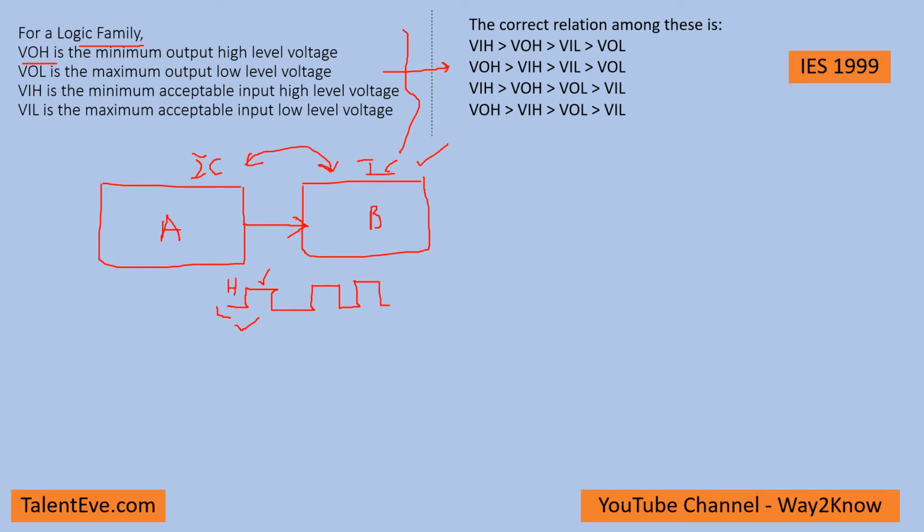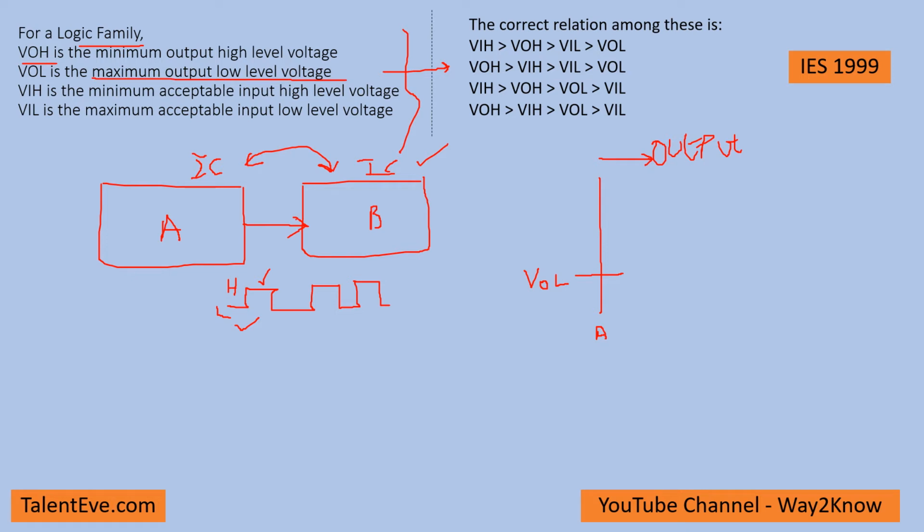So in this scenario, if you have a device A, let us assume this device is giving the output. Now for this, VOL is the maximum output low level voltage.